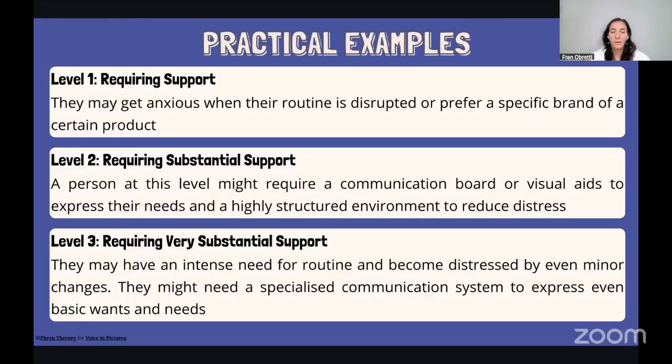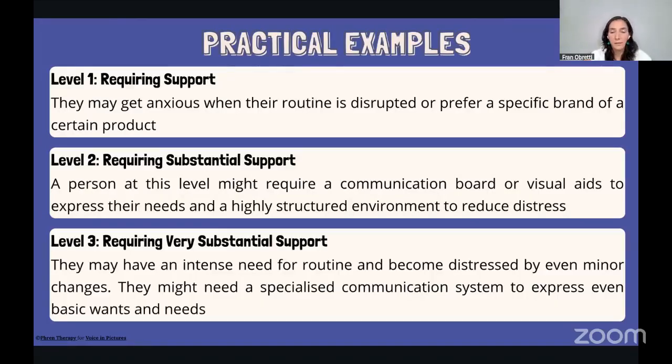A person at this level might require a different communication tool to be able to express their needs and wants. So they might prefer to communicate with you through a communication board, visual aids, speech and language. And they might prefer a highly structured environment because that lowers their level of distress.